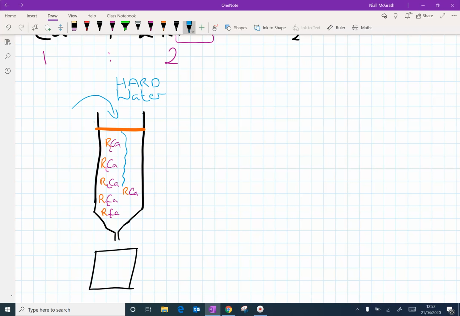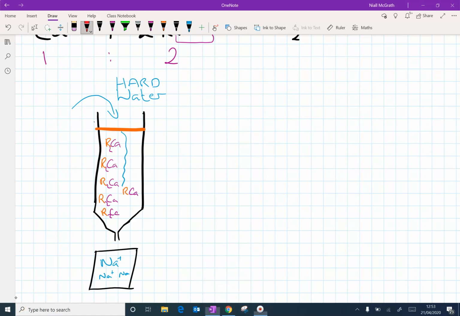Then in your water at the bottom you are left with your sodiums instead of your calcium, and so you have removed the hardness of your water because you've removed the ions that are causing the hardness.